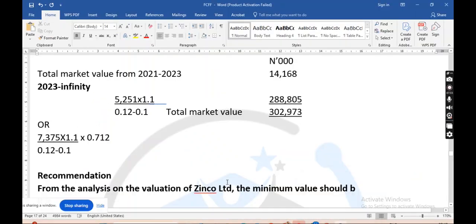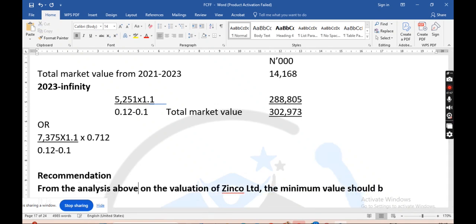Okay, that's fine. So what I'm trying to say here is that from the analysis above, on the valuation of Zinco Limited, the minimum value, minimum means the lowest value.